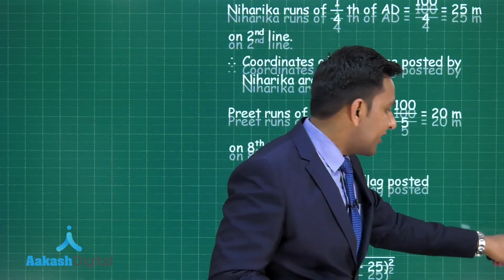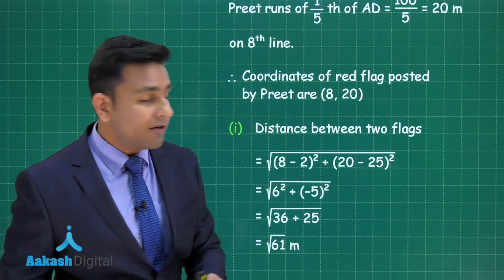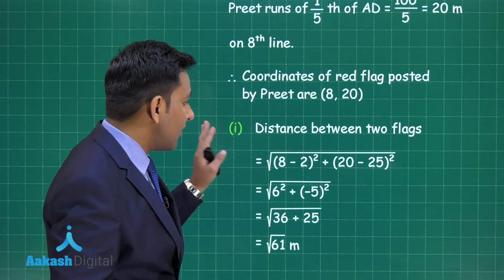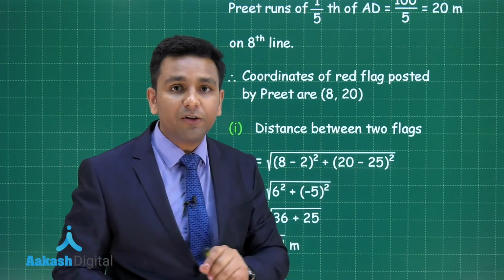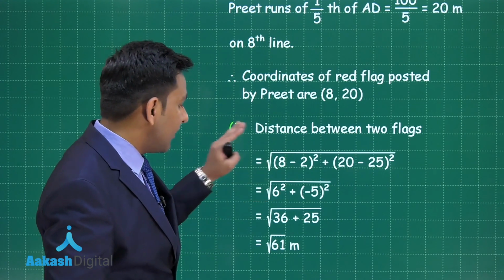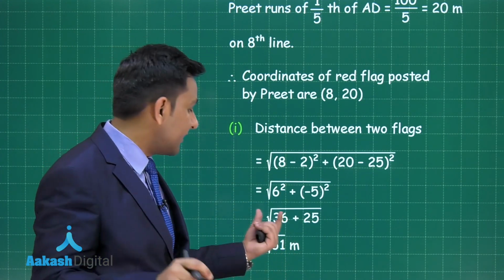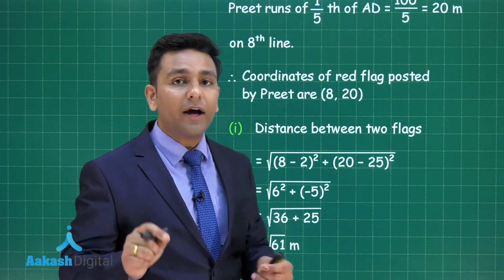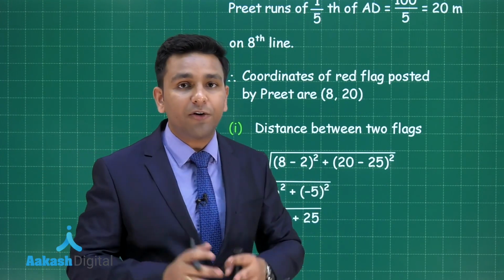Now we can easily determine the distance between these 2 points using the distance formula. So here we have distance formula under root x1 minus x2 whole square plus y1 minus y2 whole square. And when we are calculating, we are getting the distance between two flags is under root 61 meter. And friends, this is the answer for the first part of this question.